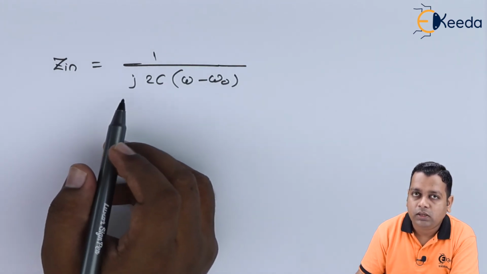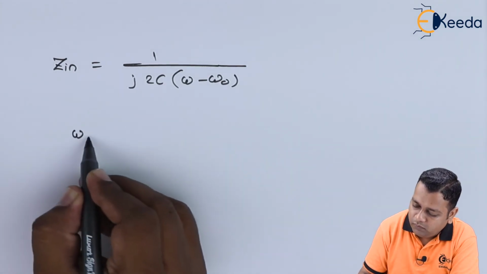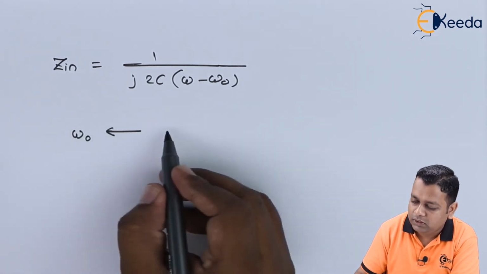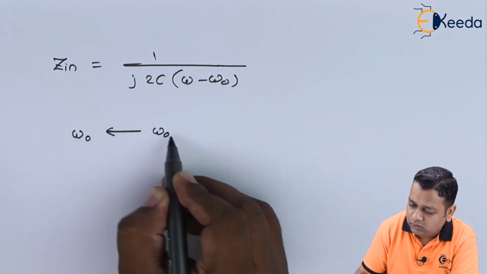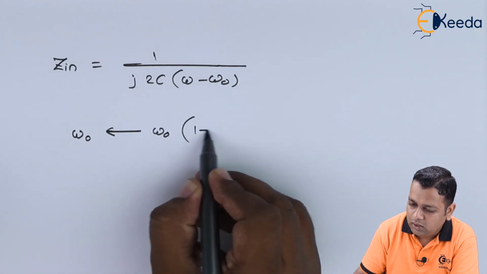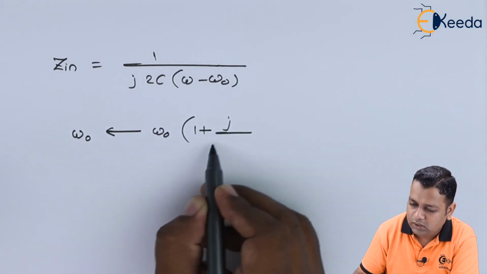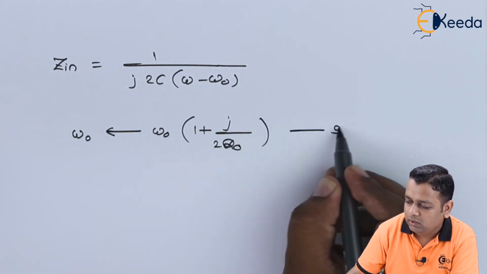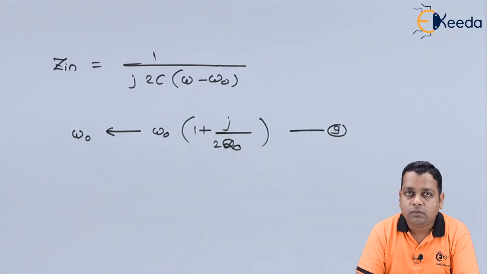Now when we replace the simple form of omega 0 by the complex form representing the lossless condition, omega 0 in the bracket 1 plus J divided by twice Q0, that is equation number 9, which accounts for the effect of losses.